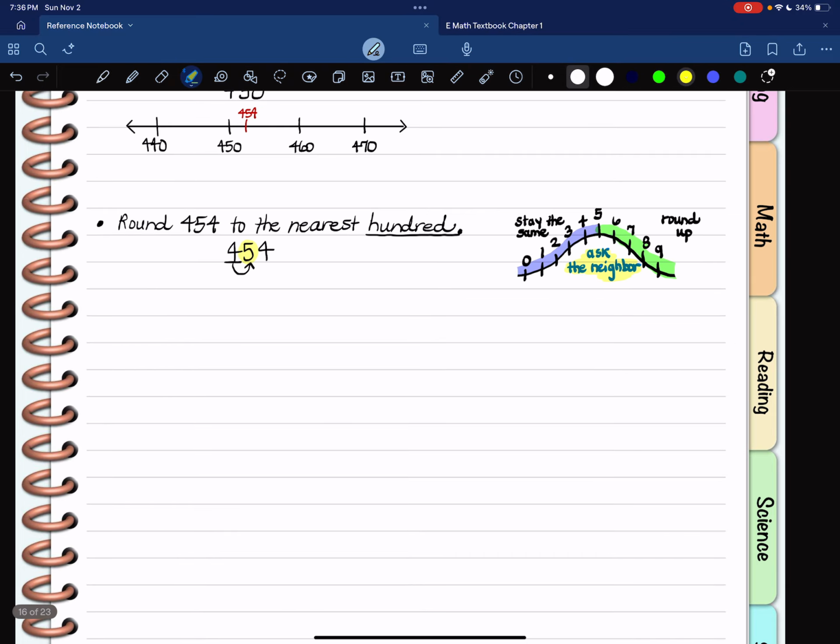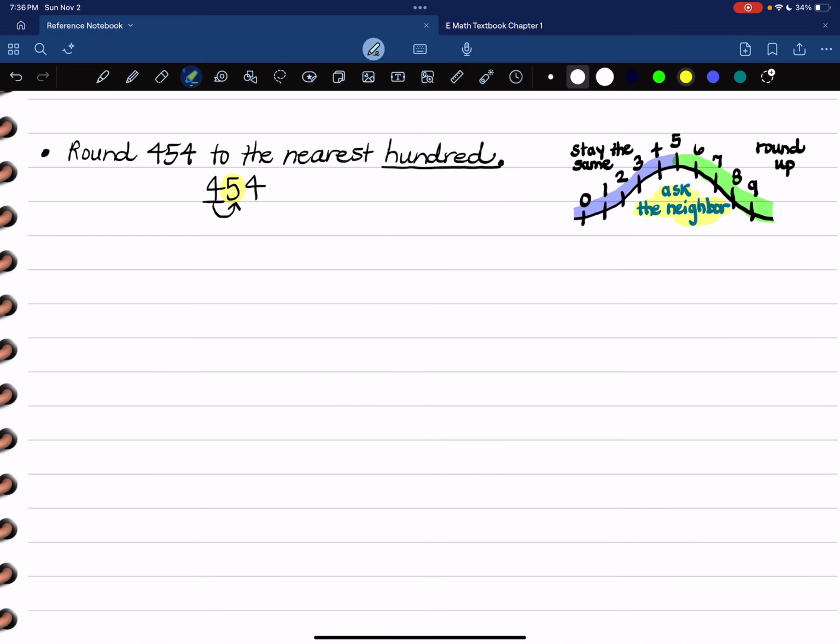Ask the neighbor, what should I do? Well, in this case, the neighbor is a 5, and the 5 is in the roundup range. So the neighbor says, I'm really having trouble with that word tonight. Neighbor says round up.